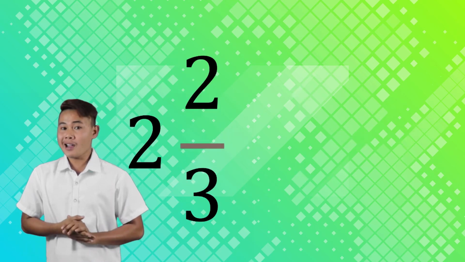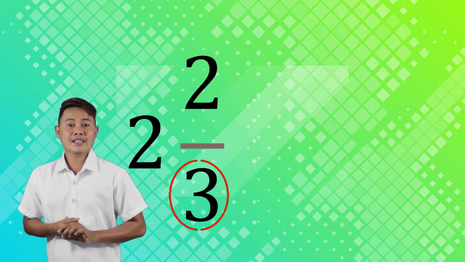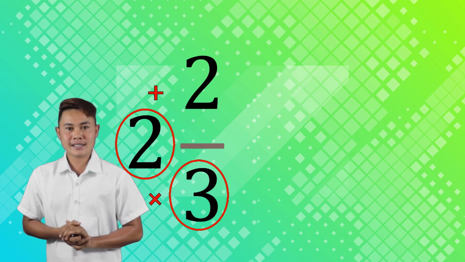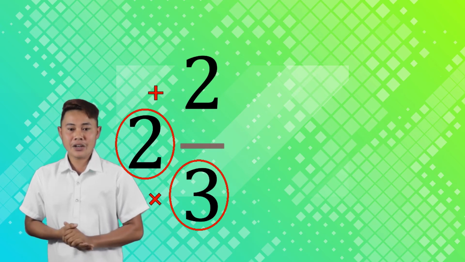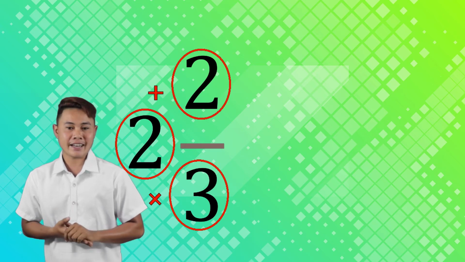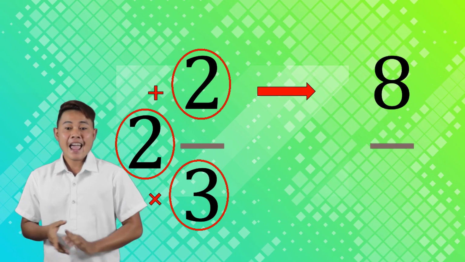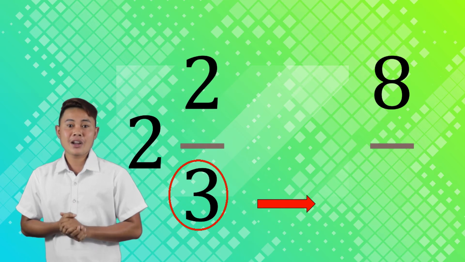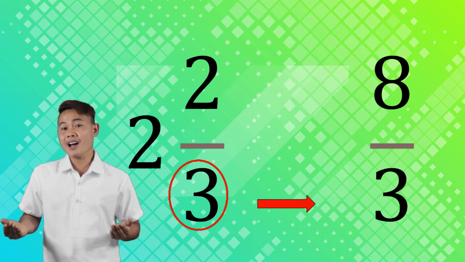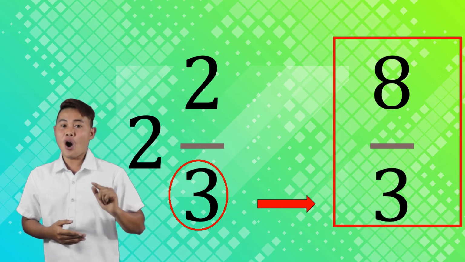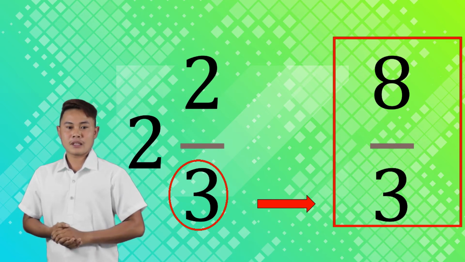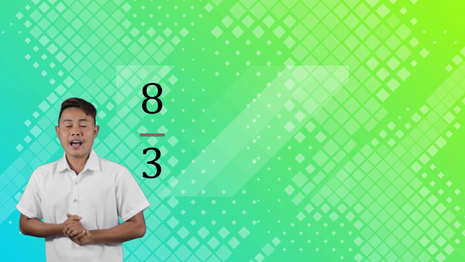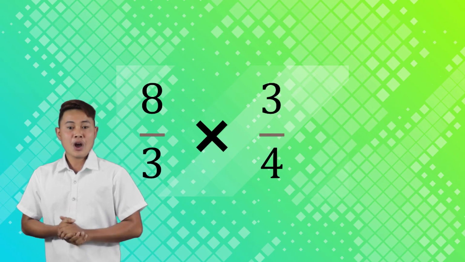So, 3 times 2 is equal to 6, plus 2 is equal to 8. 8 is the new numerator, then copy the denominator 3. This becomes 8 over 3. So, we have 8 over 3 times 3/4.